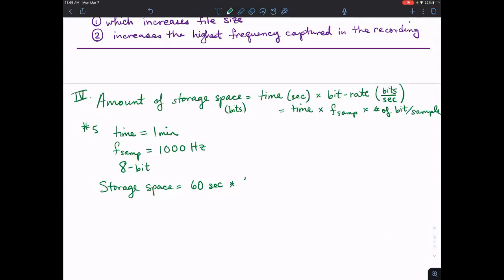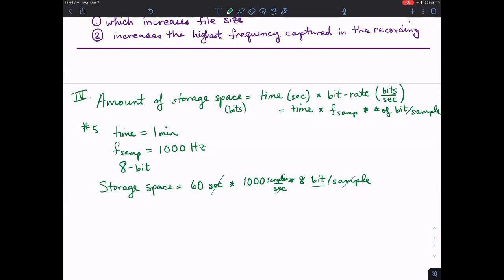So 60 seconds times 10,000 hertz times 8 bits per sample. Remembering that hertz is samples per second, if you want to see how the units work out, the seconds cancel out and the samples cancel out.